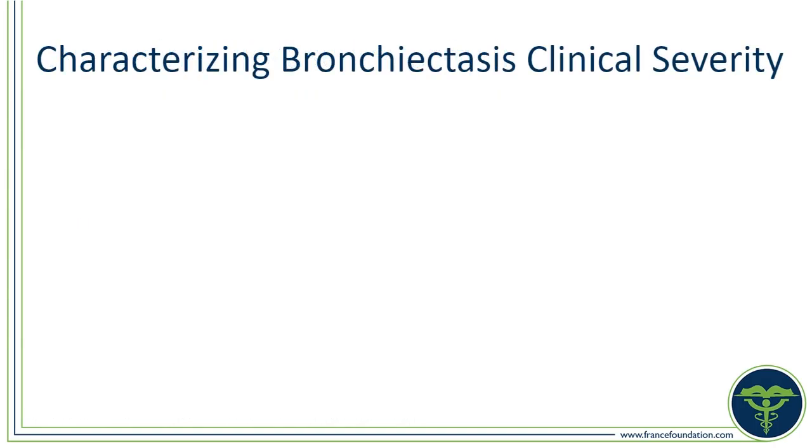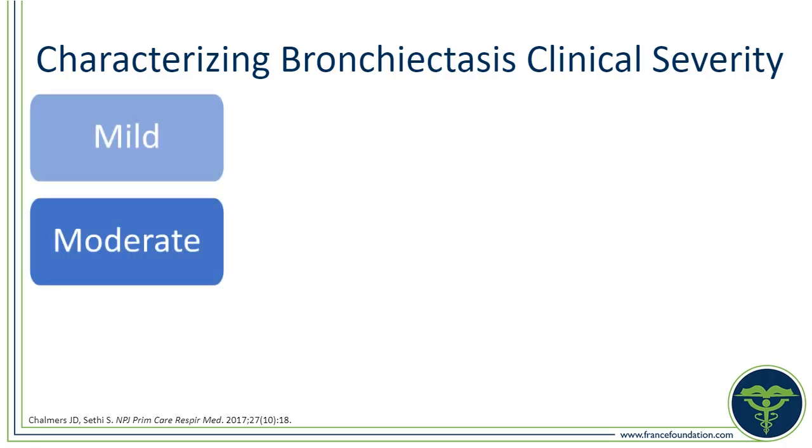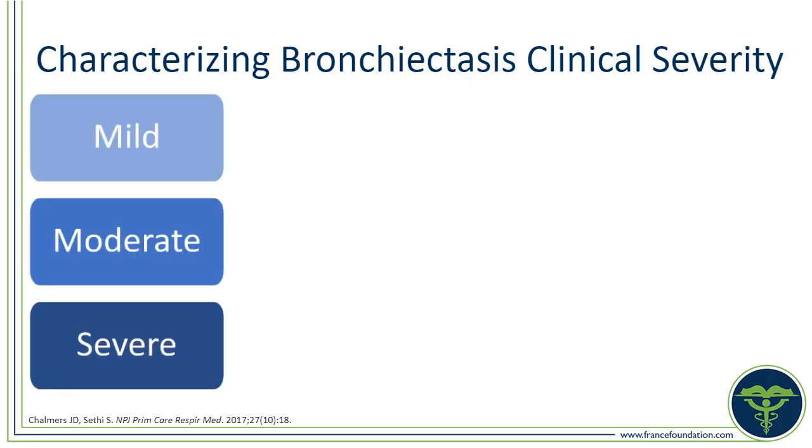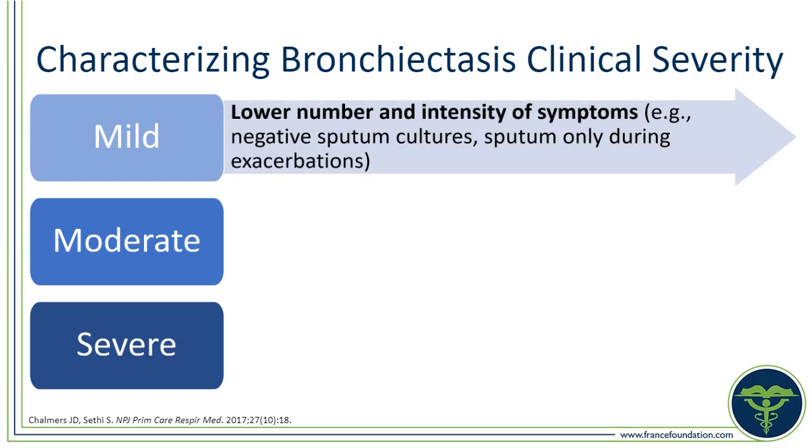When we are characterizing the disease severity of bronchiectasis, we are often left looking at mild through moderate and severe disease severities. Particularly in mild disease, these are often patients who may have a lower number and intensity of symptoms, such as negative sputum cultures and perhaps only producing sputum during exacerbations.